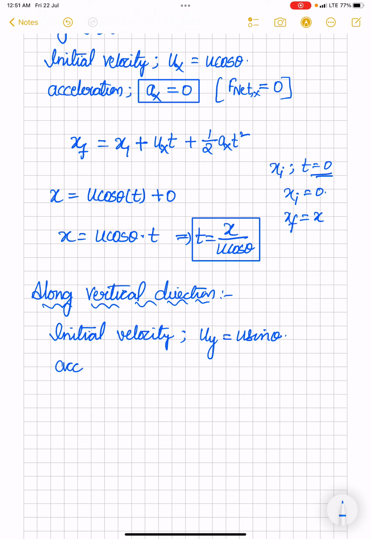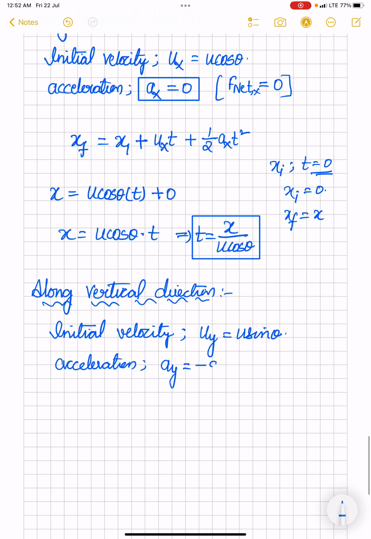Now acceleration along the y-axis, ay. For vertical motion, the particle is under the influence of the gravitational force of the earth, which always pulls it downwards. The acceleration gained by a body due to the gravitational pull of the earth is called acceleration due to gravity. So as the particle is moving up, the acceleration due to gravity is downward.